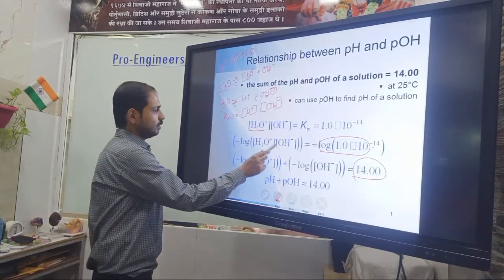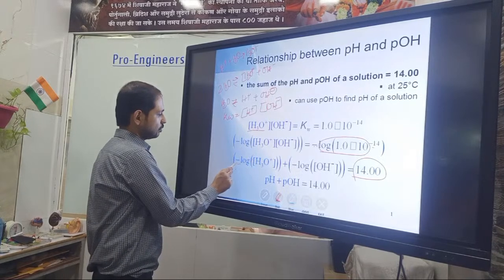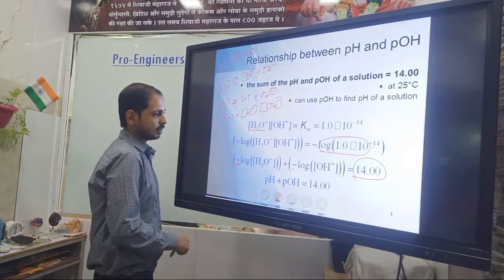Log of A into B means log A plus log B. Log of x to the power y means y comes forward, and log 10 is 1. So 14 comes forward, and minus 14 times minus gives plus 14. Since we have taken minus log, the minus term will be there.